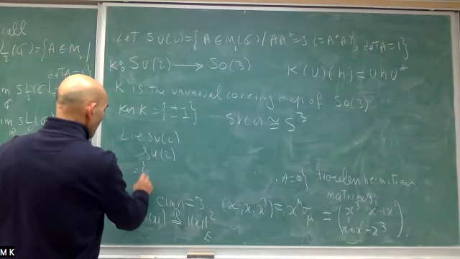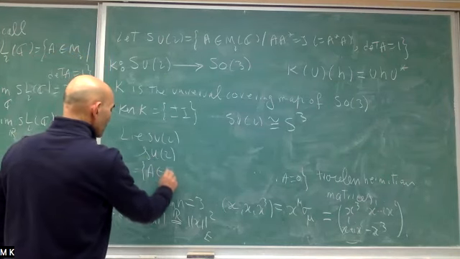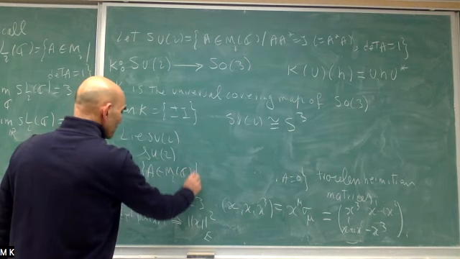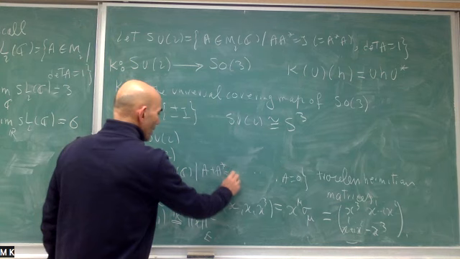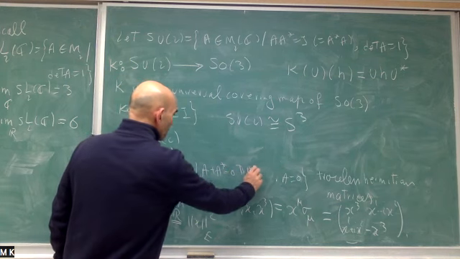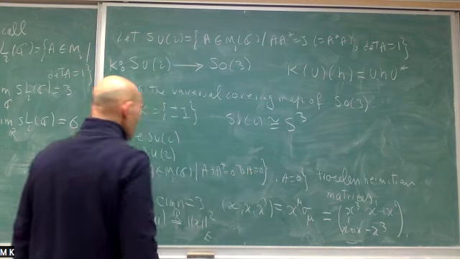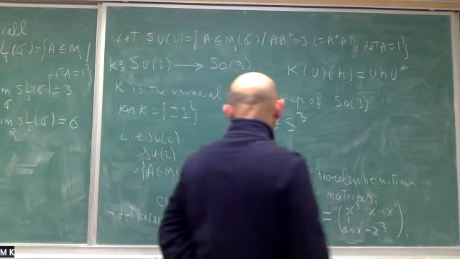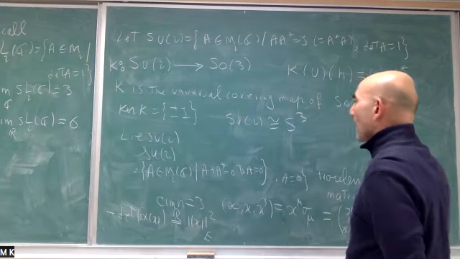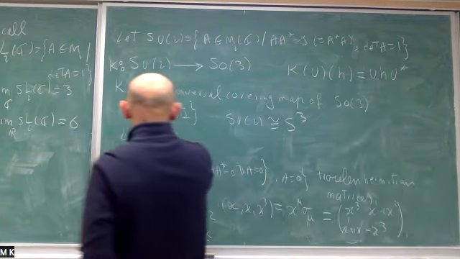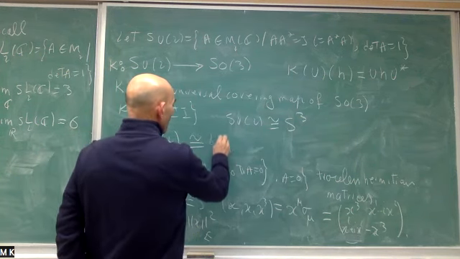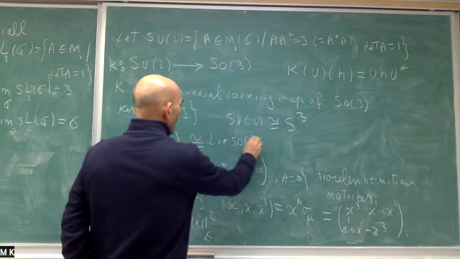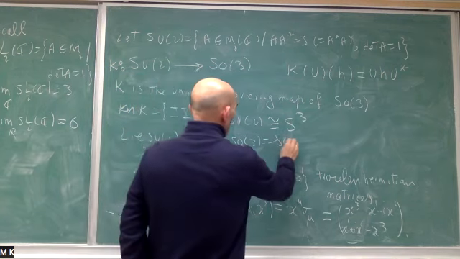This is the set of all A belonging to M2 of C such that A plus A star is equal to 0, and trace of A is equal to 0. Traceless skew Hermitian matrices, and this is isomorphic to the Lie algebra of SO3, which of course we usually denote by so3.